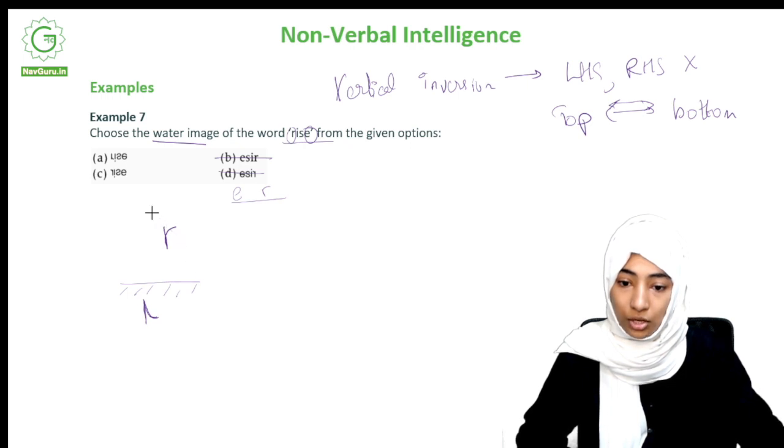This is your R, and now just imagine that you're flipping this R down, as in just rotating it. I think I can actually show it to you. This is how your R looks, right? So now if you flipped it over, this is what you will get. I'll try to show it with this.